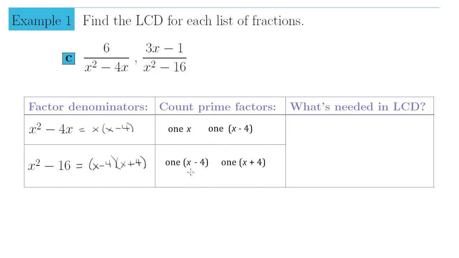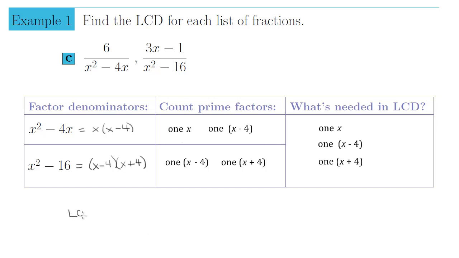And in the second factorization, there's one x minus 4 and one factor of x plus 4. Now, what's needed in our LCD is the greatest number of times any one factor occurs in the factorizations. As far as x goes, there's one x that we need to include. There's one x minus 4 that we need to include. And there's one factor of x plus 4 that we need to include.